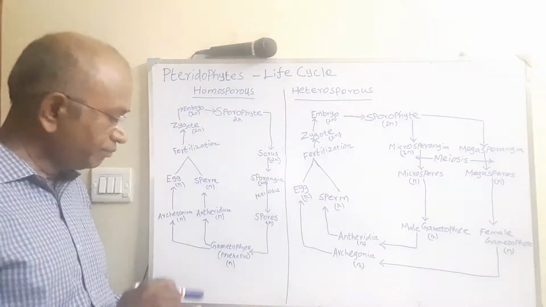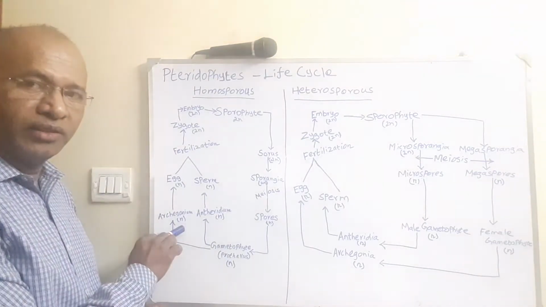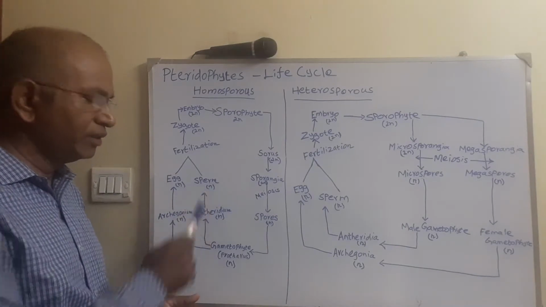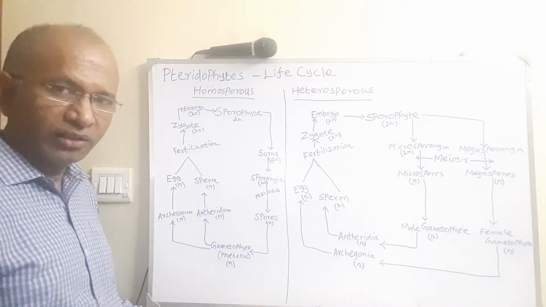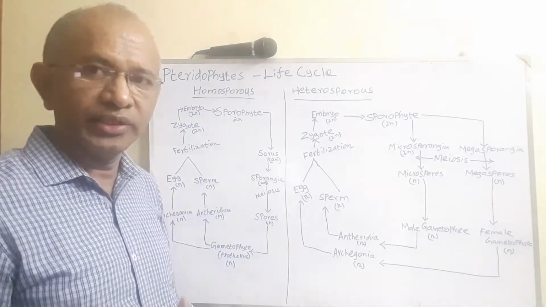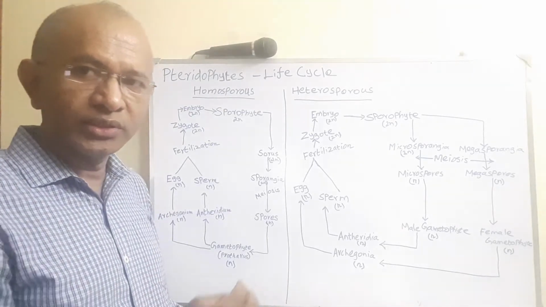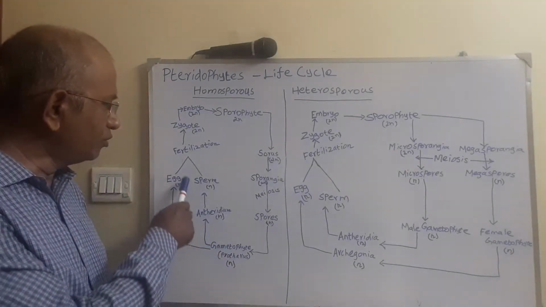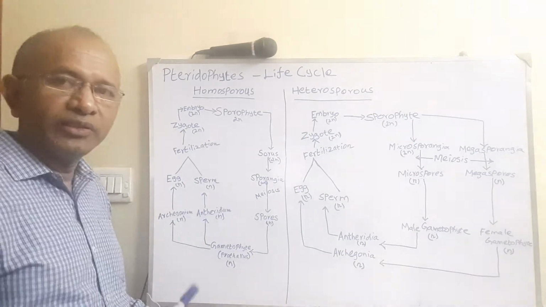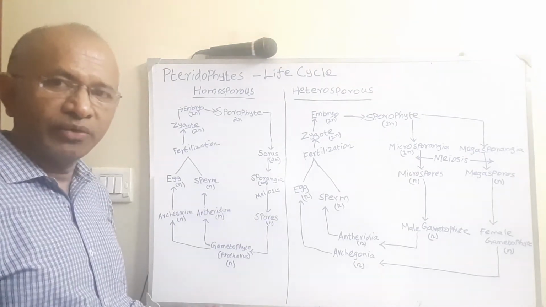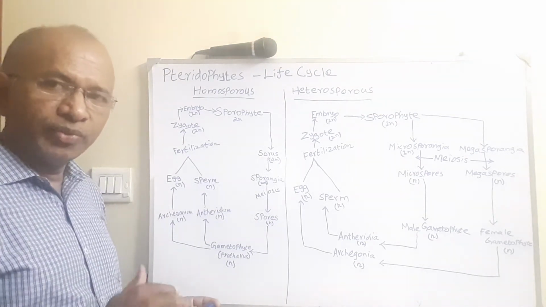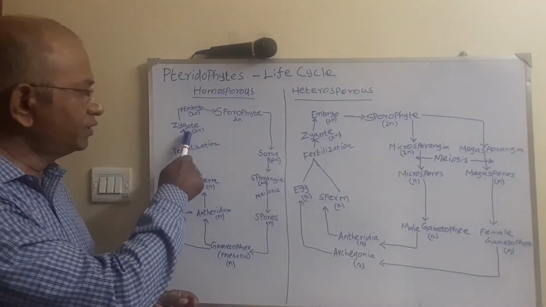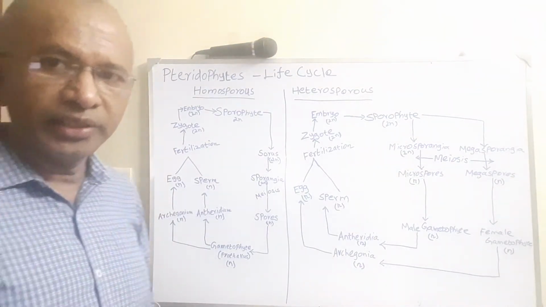Okay. So from the archegonium, we know very well an egg is formed, and from the antheridium a sperm is formed. The sperm is motile in nature, so it can easily move towards the archegonium, reach the egg, and undergo fertilization, a process by which the diploid condition is again restored in the form of the zygote.